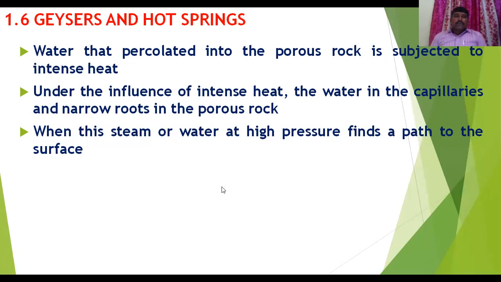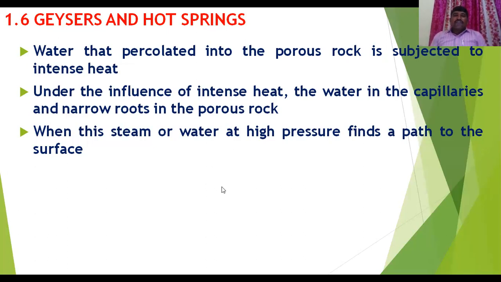Water that percolated into the porous rocks is subjected to intense heat by the underlying hard rock, which is in contact with hot magma, that is, molten rock material in the mantle or in the lower part of the earth crust.